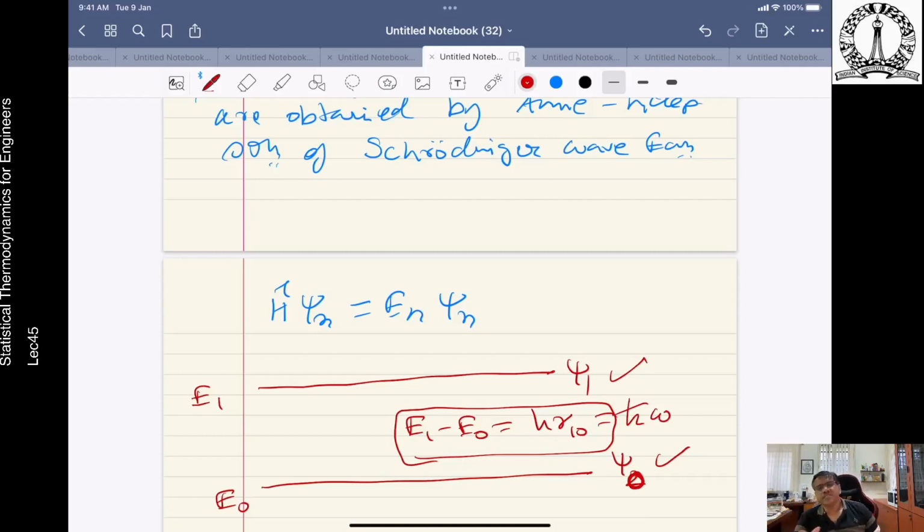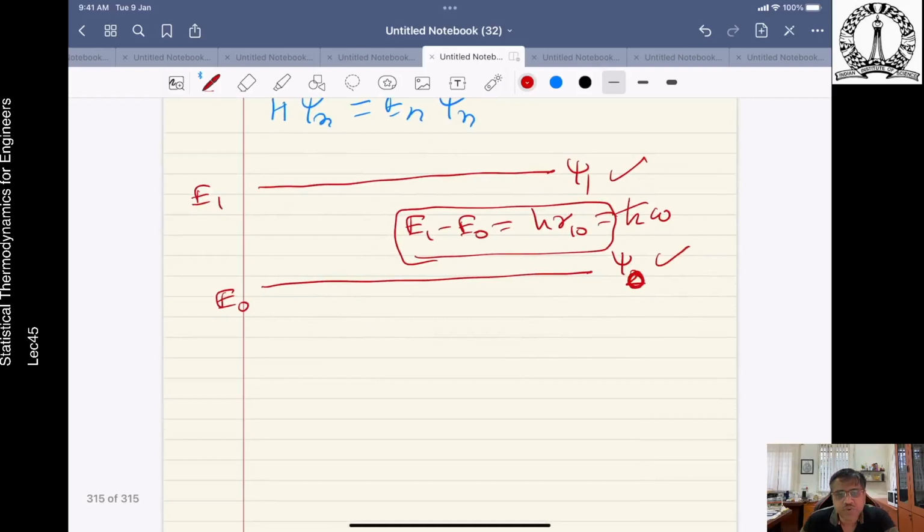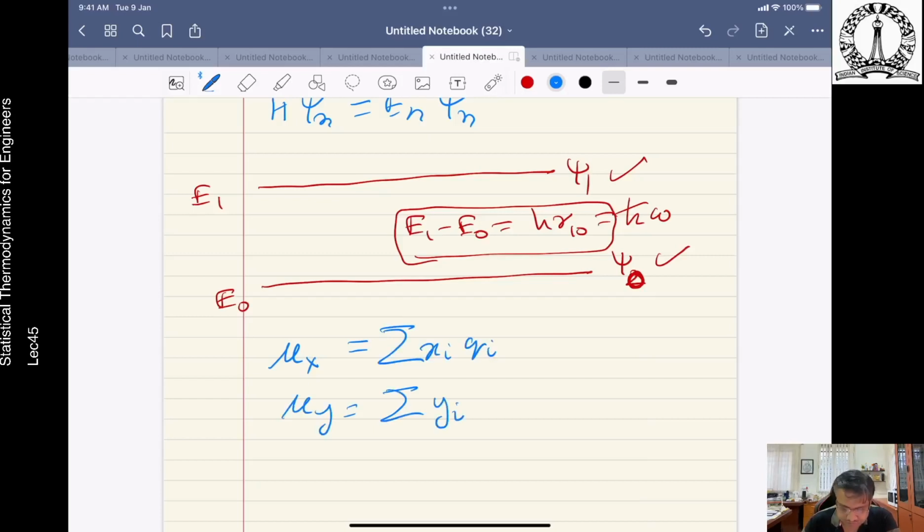So the molecules consist of nuclei and electrons at positions Ri, possessing charges Qi. So you all know about this. So if we have a Cartesian coordinate system, we can express that the system will have a net dipole moment. It's mu x is summation xi Qi. Then there is mu y, which is written as yi Qi.